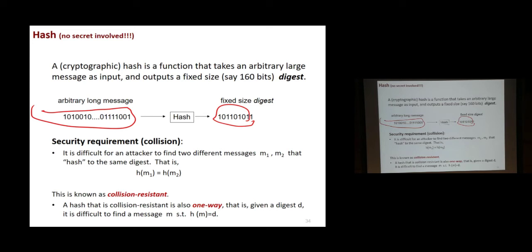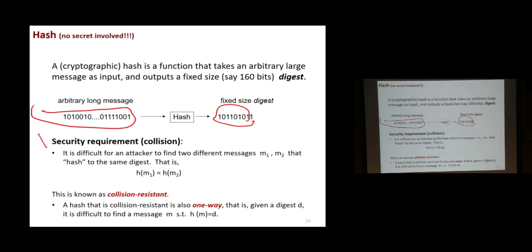Why? Because the input is very long. In CS1231 you learn this. By what principle do you have collisions? Pigeonhole principle. By the pigeonhole principle, you know that there are collisions.